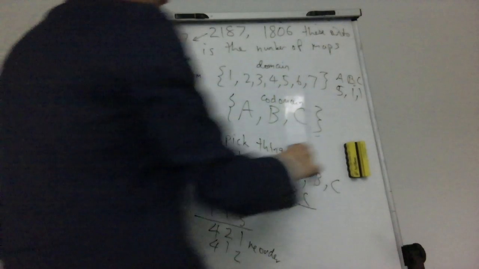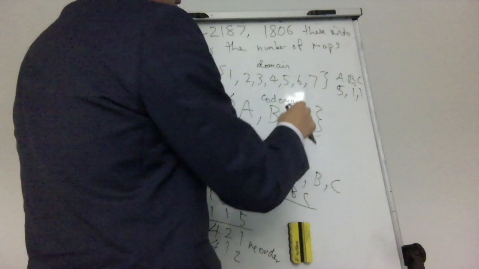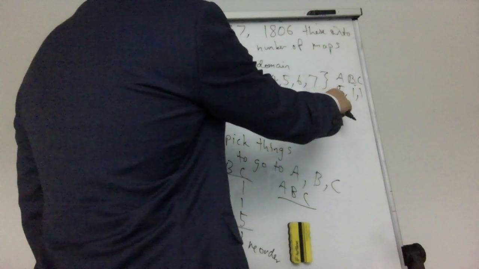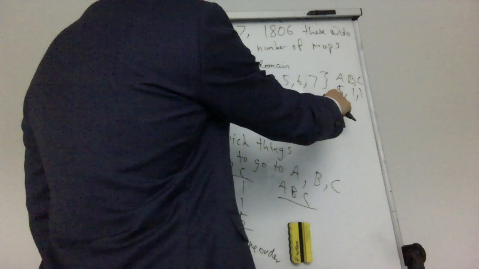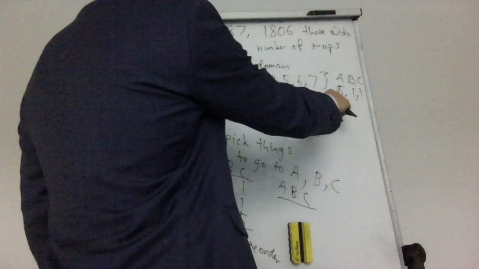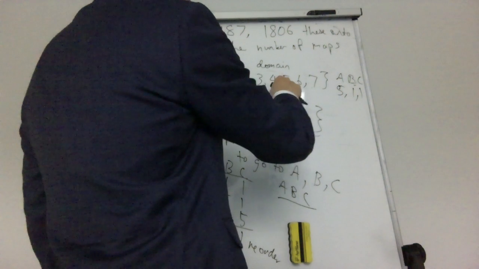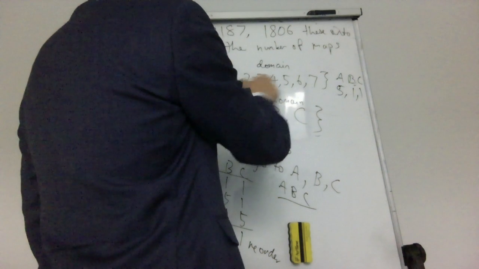Basically, I'm picking 5 things to send to A, right? Yep. And the order matters because it matters which one you send. Well, it actually doesn't matter, because you're sending them all to A, right?